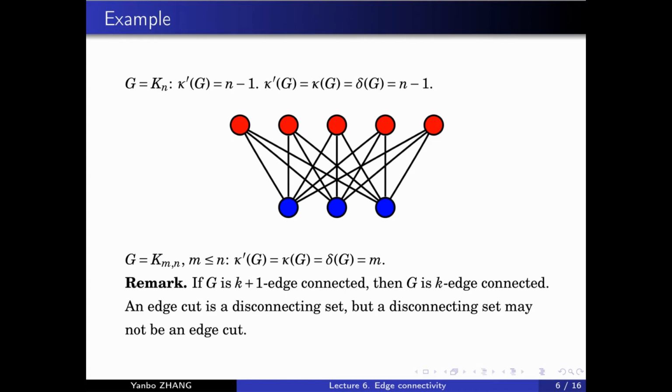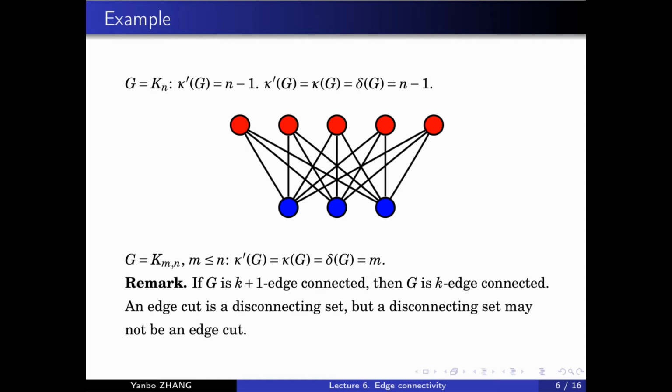Now we calculate the edge connectivity of some special graphs. For a complete graph Kn, its edge connectivity is n-1. Because if we choose a vertex v from this complete graph, v is incident to n-1 edges. After deleting the n-1 edges incident to v, the graph is disconnected with v as an isolated vertex.